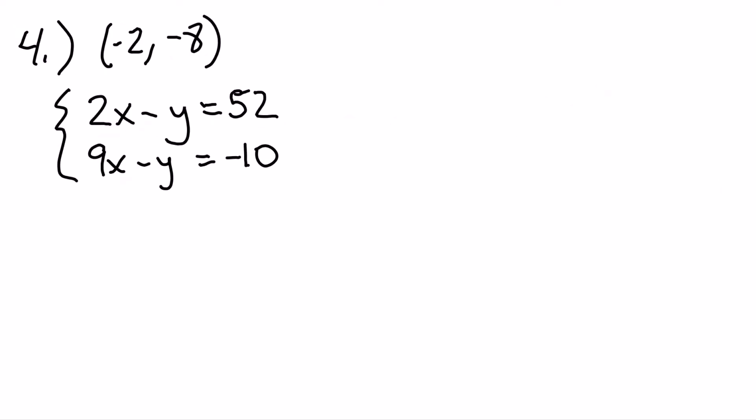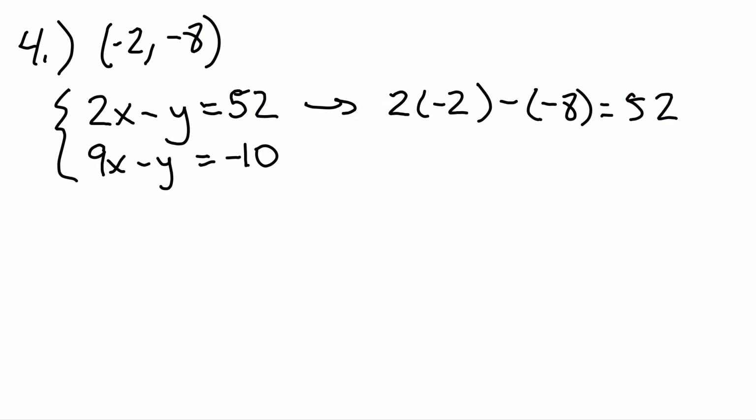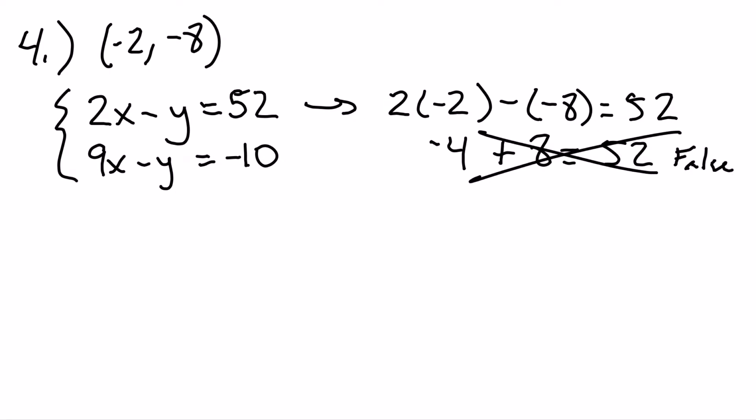Alright, number 4, I'm going to plug it in. I'm going to say 2 times -2 minus, instead of y, I'm putting -8. That's supposed to equal 52. 2 times -2 is -4. Minus minus is plus, so -4 plus 8, does that equal 52? It's false.